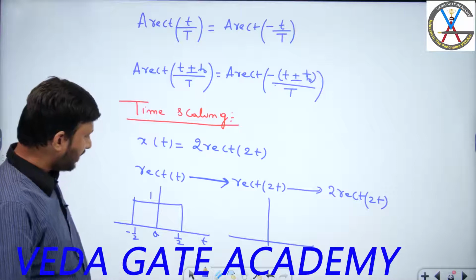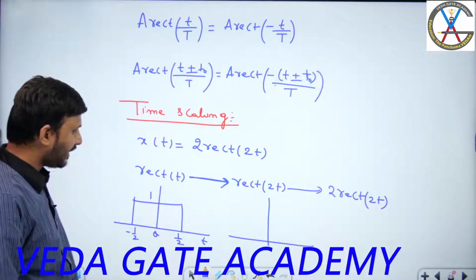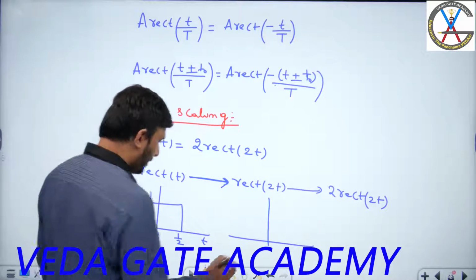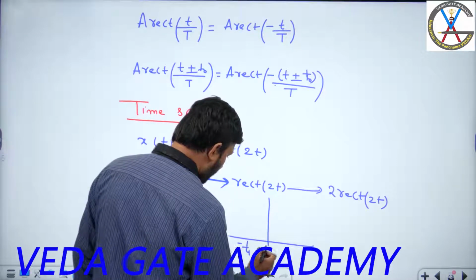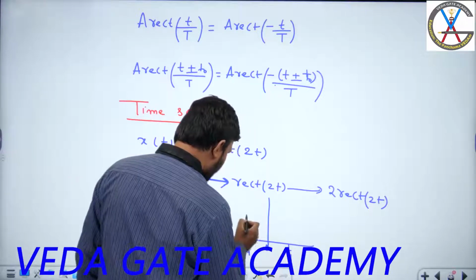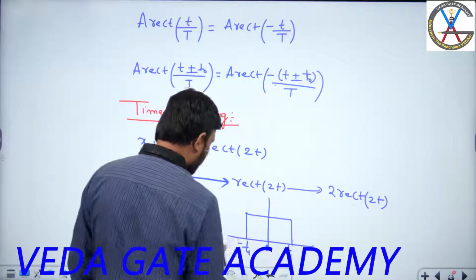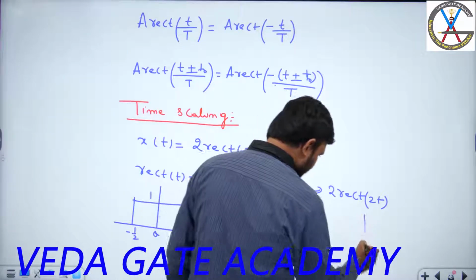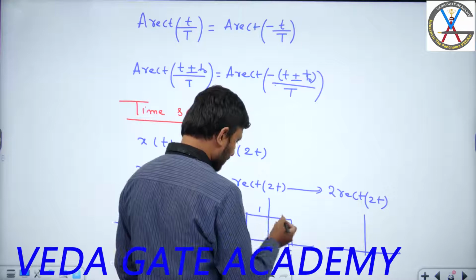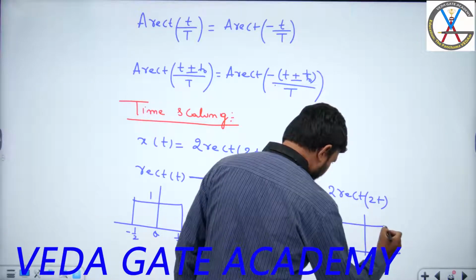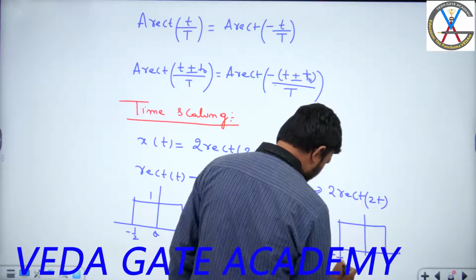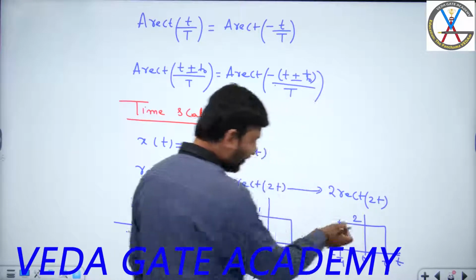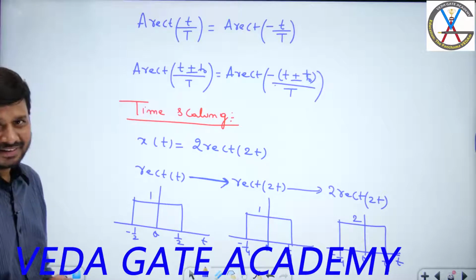Divide each point on the horizontal axis by the scaling factor. Scaling factor is 2, compressed version. What will happen? Minus 1 by 4 to plus 1 by 4. Now 2 rect of 2t means you simply amplitude scale this by 2, minus 1 by 4 to 1 by 4. This is your method. I'll follow a different method.